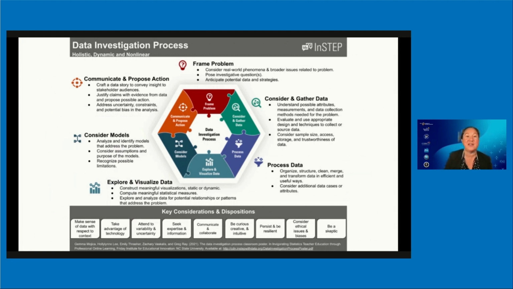It may be that you are considering your data and then you have to go back to frame the problem, and you might have to collect some information in order to make decisions.